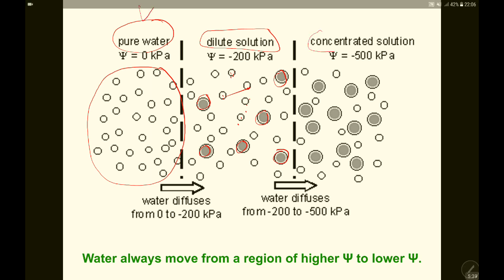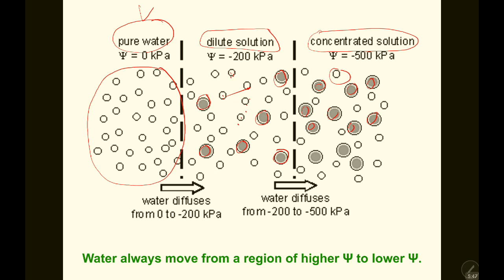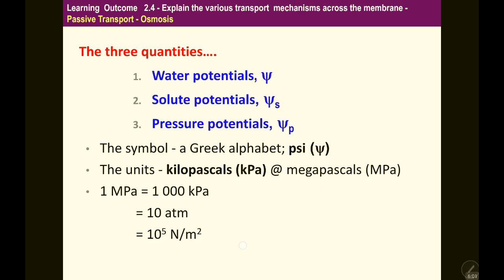For the third one, a concentrated solution, there are even more solute molecules, so the water molecules have less freedom to move compared to the second and the first. Therefore, water will diffuse from high water potential to low water potential and to even lower water potential.